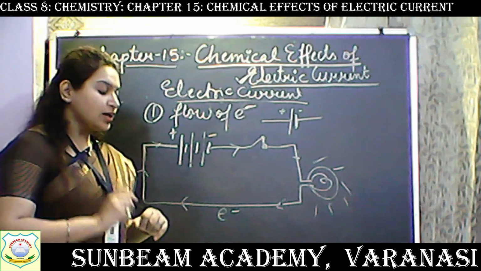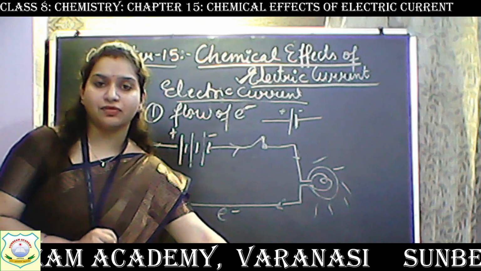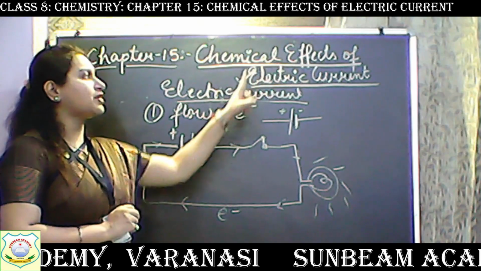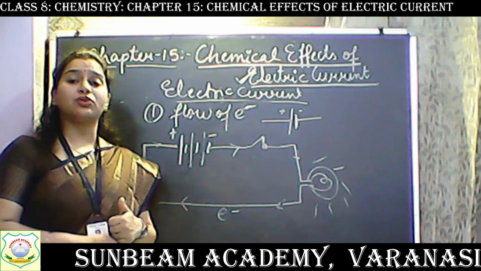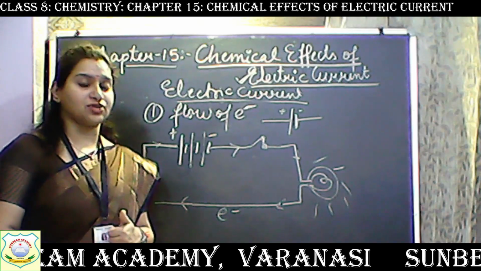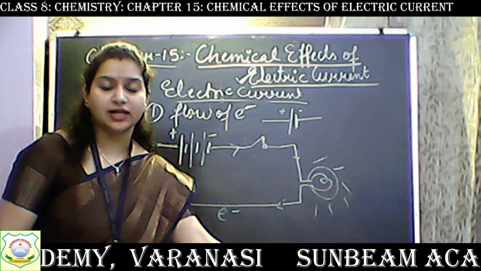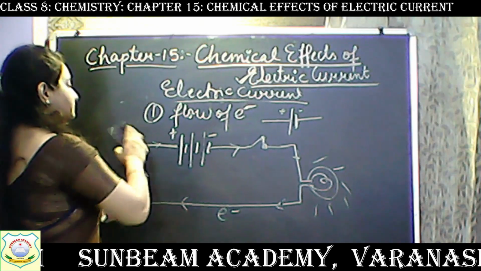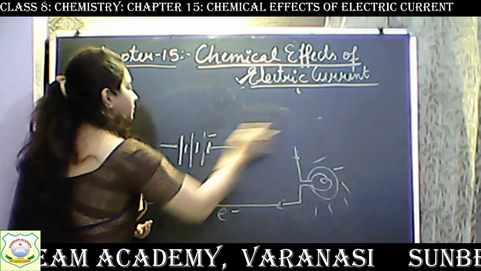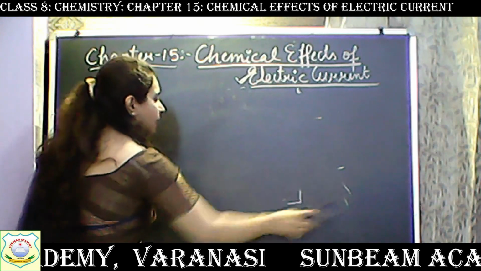Okay. Now in this chapter, as the name of the chapter says, chemical effects of electric current, here we are going to talk about various effects of electric current. So in electric current there can be various effects that we will see. और हम ये भी देखेंगे कि हमें इस चैप्टर में क्या पढ़ना है.